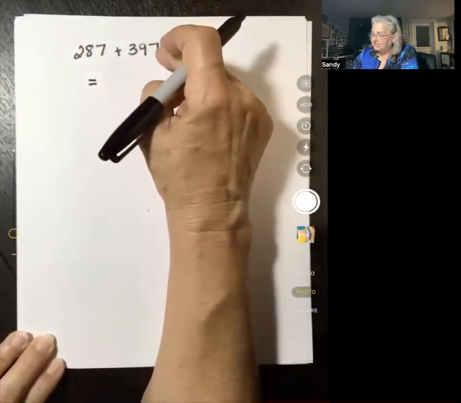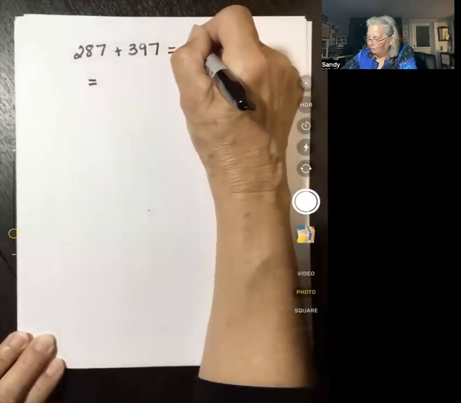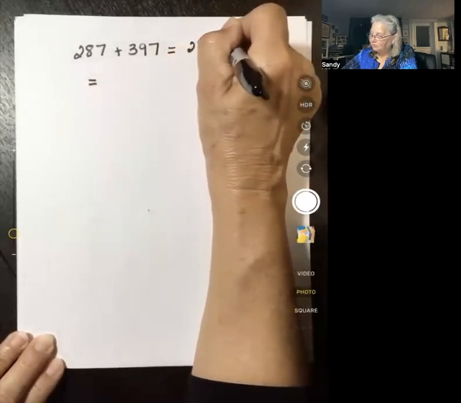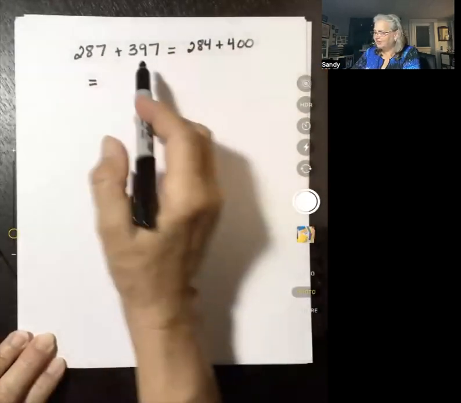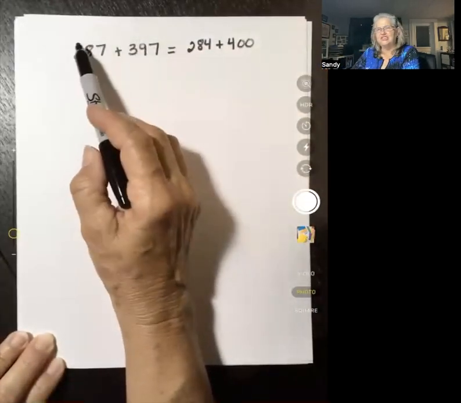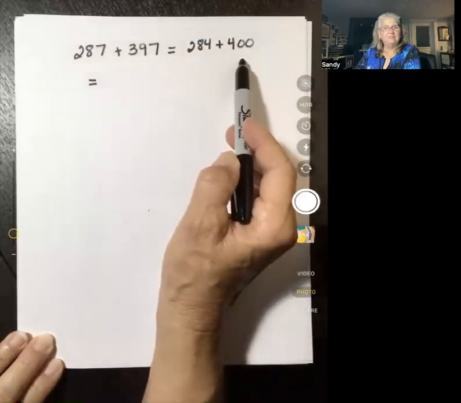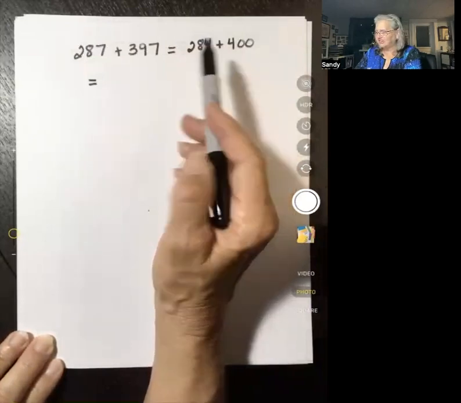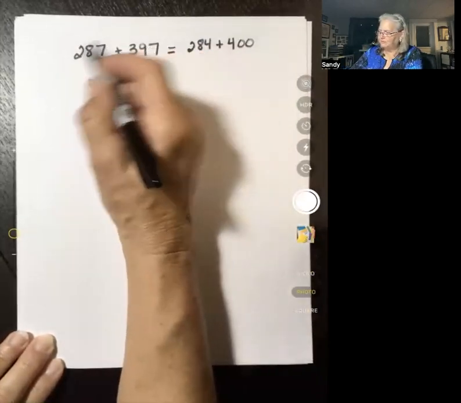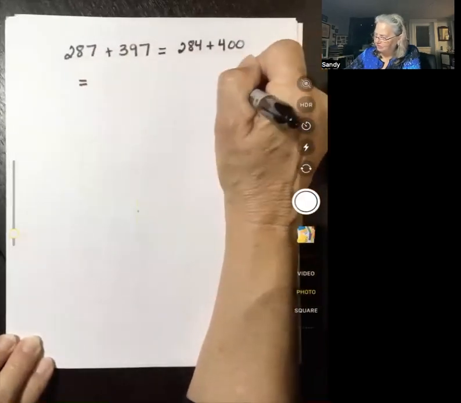I can make this the same as 284 plus 400. How do I do that? See, I've now converted something that I would have needed to use paper and pencil for into a problem that I can do mentally. I know that's 684. It's not challenging, right? Where this one would have required me when I was an elementary student to write it vertically.